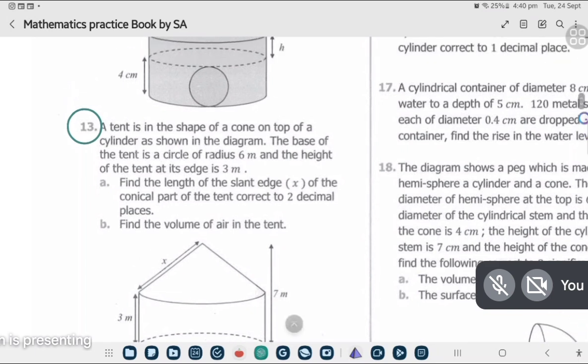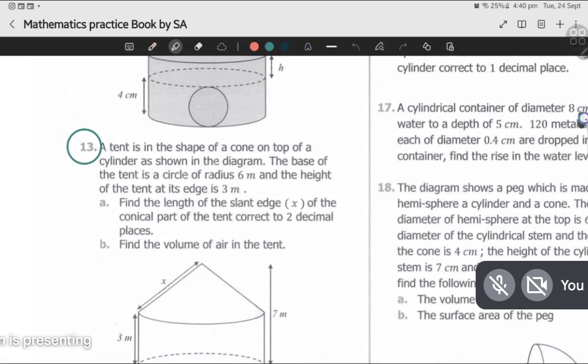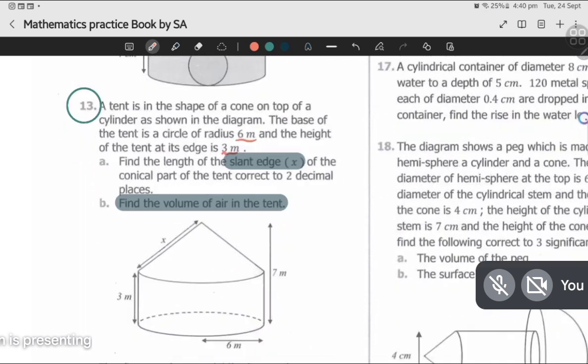So let's look at the question. What it is saying is that we have to find the volume. That is one of the goals, and the other goal is the slant edge. What they've given us is the radius and the height of the tent at its edge, which is 3 meters.